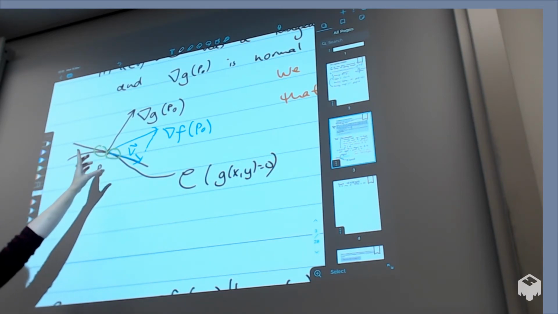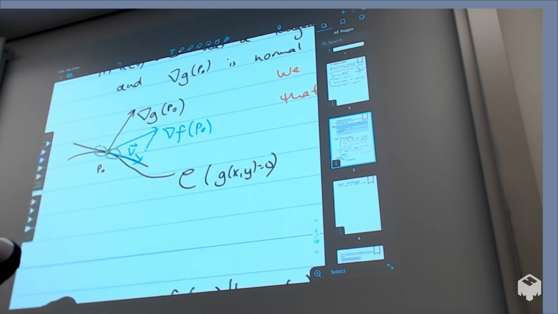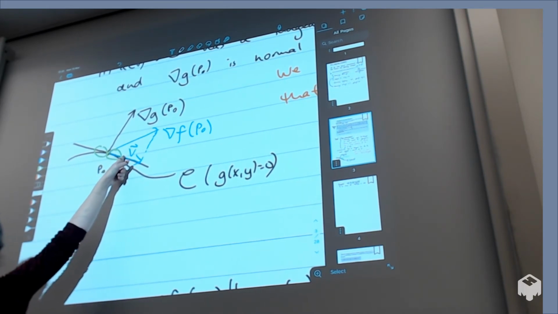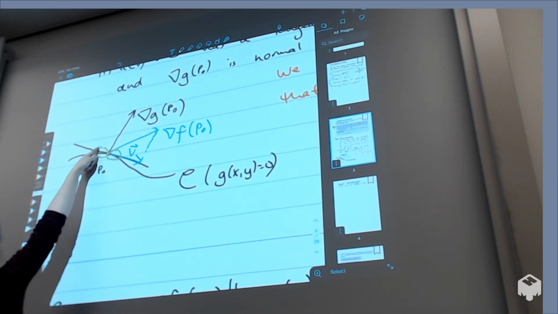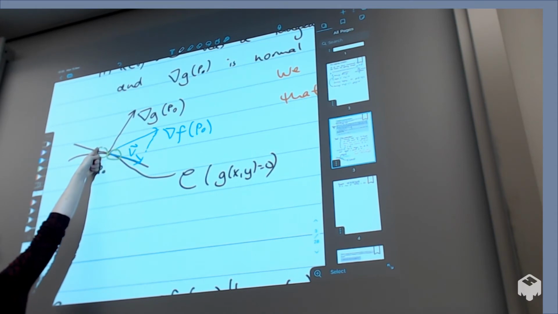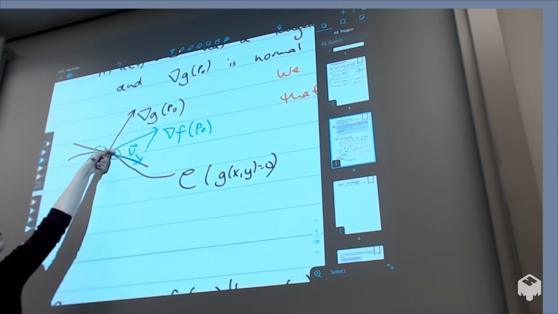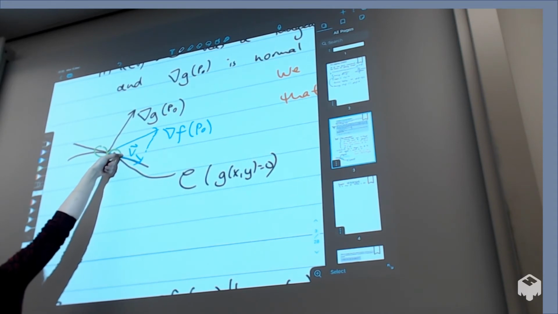I'm just thinking first how to explain this. Remember what our directional derivative says. It says if you go in this direction, you are increasing your function. If you go in that direction, you're decreasing your function. So looking at this, if we move away from p, our function increases.